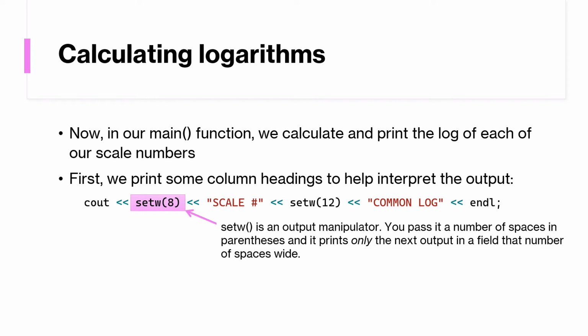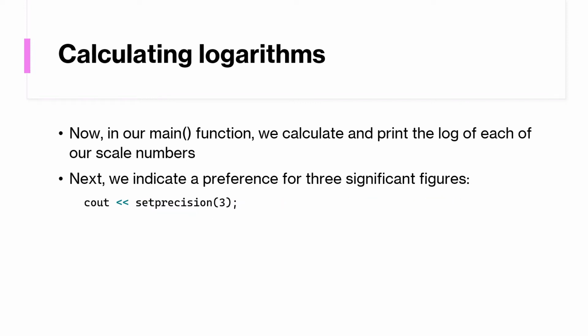So we're going to set width 8 for the scale number field, and we're going to set width 12 for the common log field, mostly to fit in the size of the column headings. Next, we're going to indicate a preference for 3 significant figures.